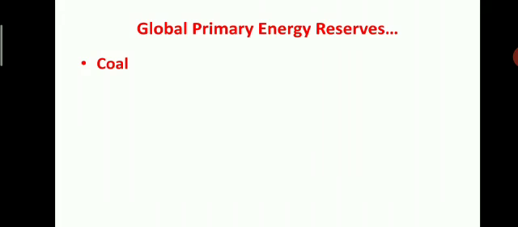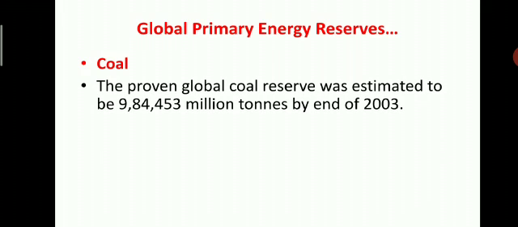Let us see global primary energy reserves. Coal. Number one, coal. The proven global coal reserves were estimated to be 9,84,453 million tons by the end of 2003. I am giving you the figures of 2003 here.